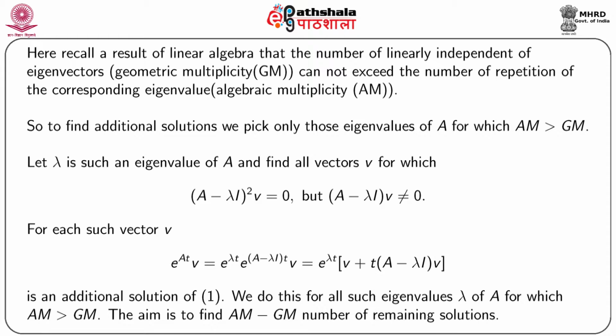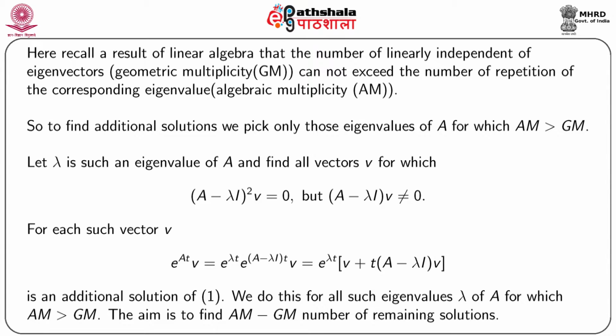So, to find additional solutions, we will pick up only those eigenvalues of A for which the algebraic multiplicity is greater than the geometric multiplicity. Let lambda be such an eigenvalue of A, and we find all vectors v for which (A minus lambda I) squared v is equal to the null matrix 0, but (A minus lambda I) v is not equal to the null matrix 0.